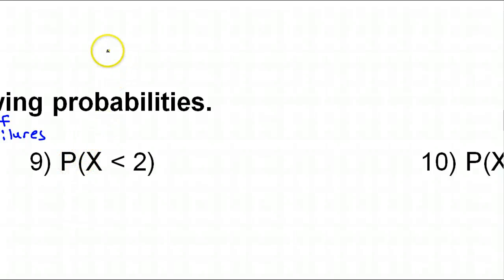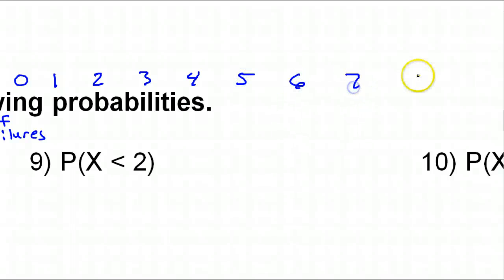That's the highest possible number of successes if we had 9 successes in a row. But we also know we could have fewer successes. We could have 0, 1, 2, 3, 4, 5, 6, 7, 8, or 9 successes.